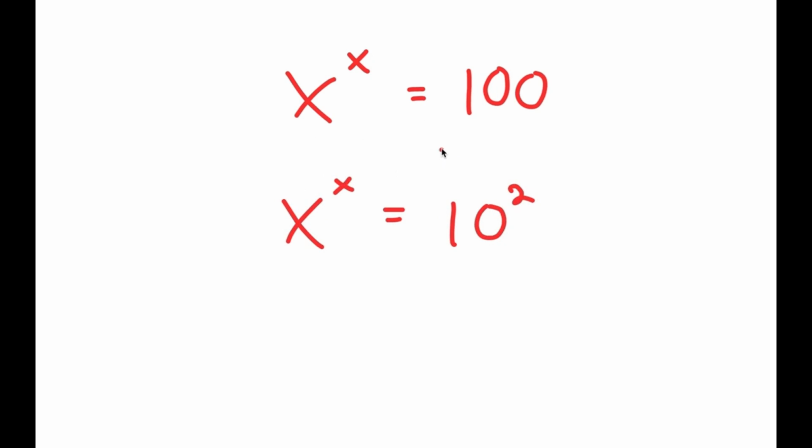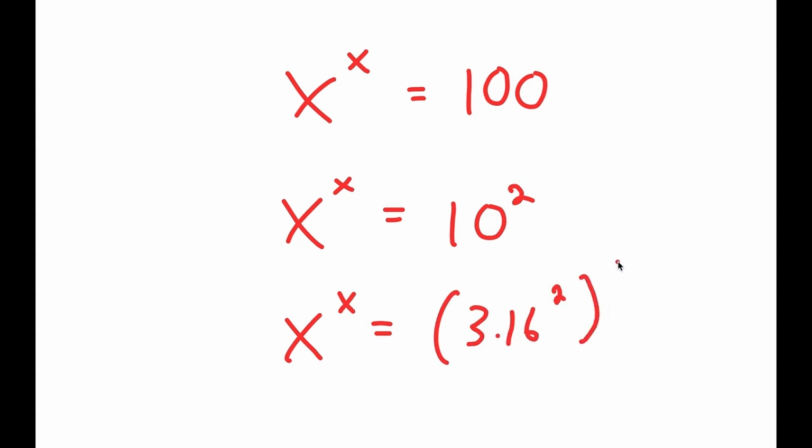So from here, I can rewrite 10 squared as 3.16 squared to the power of 2, because 10 is the same thing as 3.16 squared.